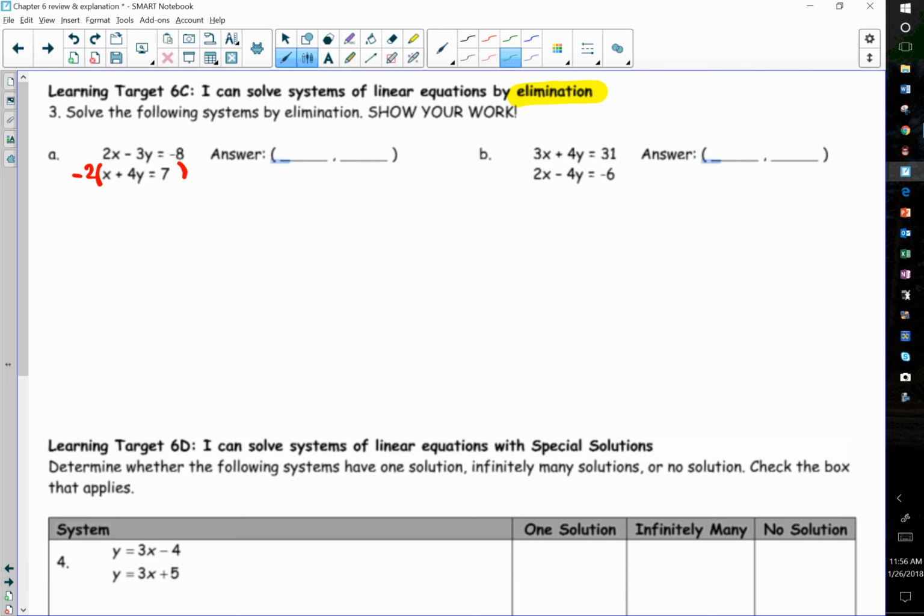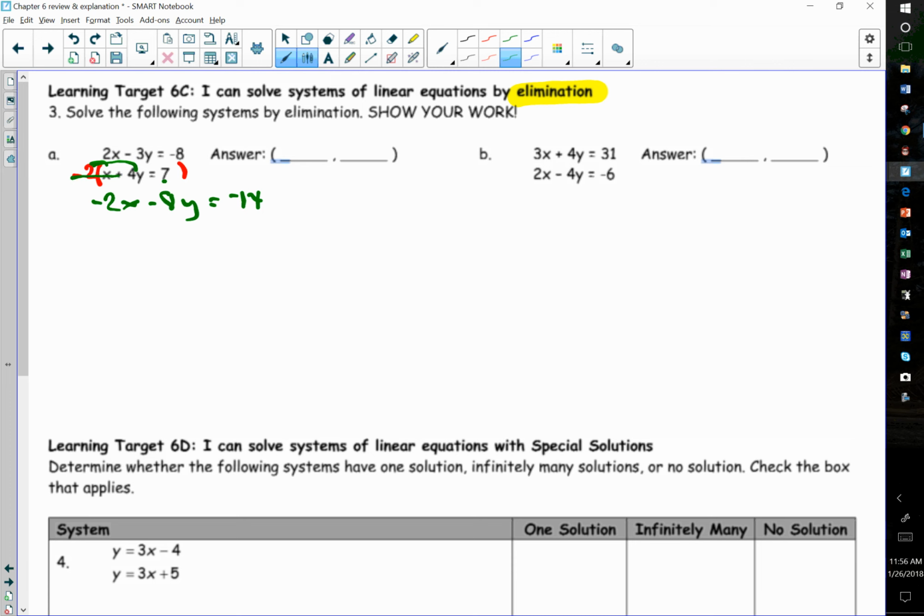So if I multiply the bottom equation by negative 2, I get negative 2x, that's that. Negative 8y, that's negative 2 times 4y. And negative 14, negative 2 times 7.